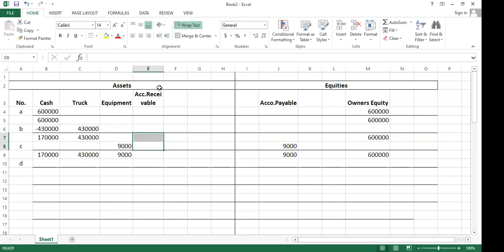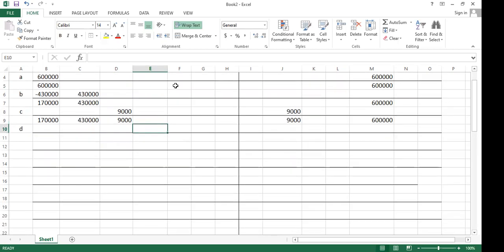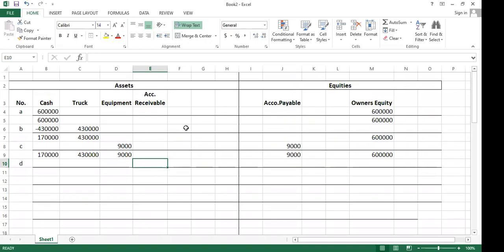Add accounts receivable 7,200 and add owner's equity 7,200.